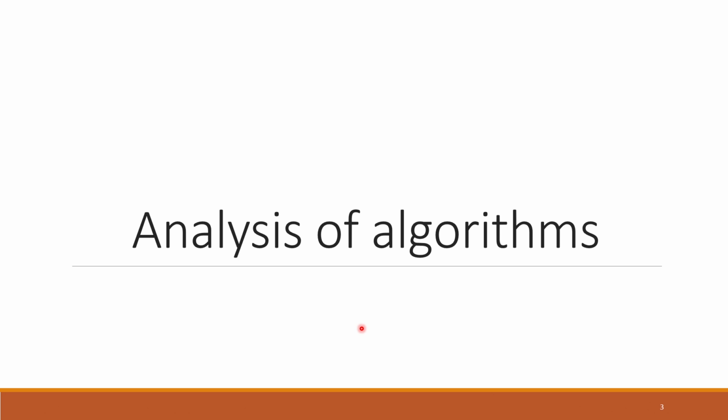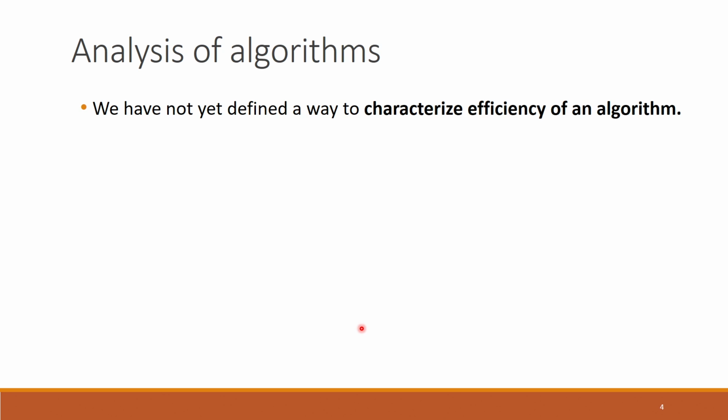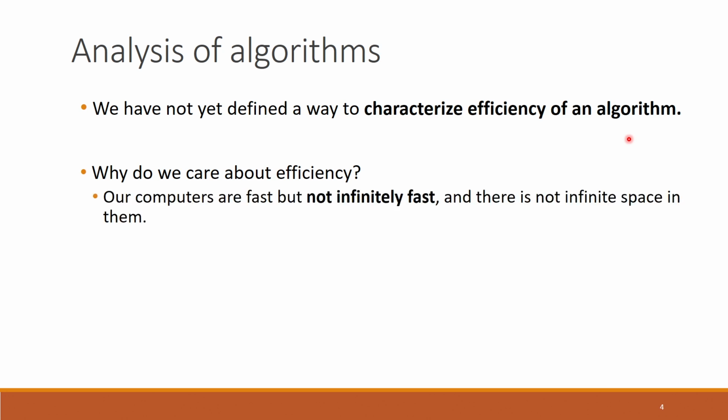Why is that important? Because until now we have not discussed what we mean by efficient algorithms. So let us go in that direction. We will now characterize the efficiency of an algorithm. The first question is, why do we care about efficiency? One answer is that our computers are fast, but they are not infinitely fast.